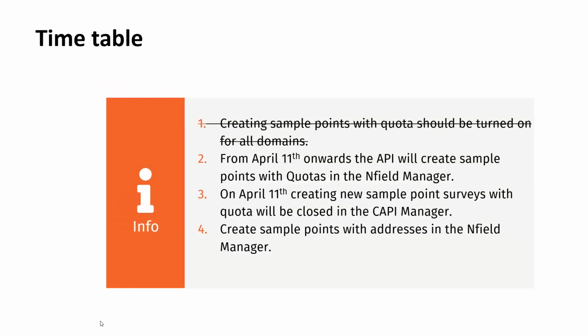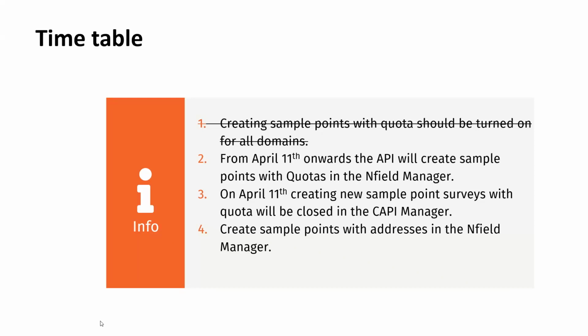Most important part is that on April 11th, we will flip the API. The API at this moment, so if you use the Nfield tool, or if you have built a tool yourself that creates simple points with or without quota in the manager, that API at this point creates those simple points in the CAPI Manager.